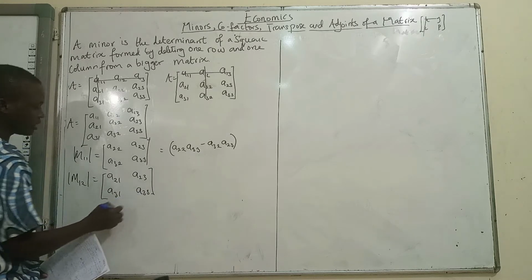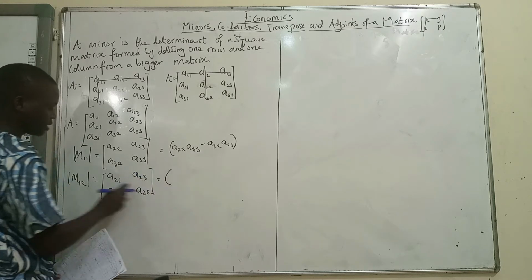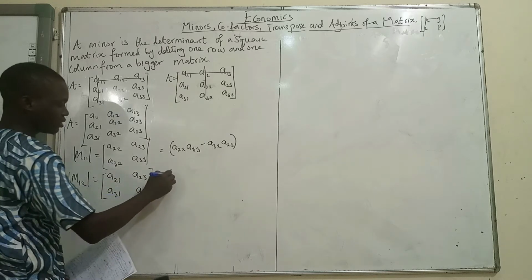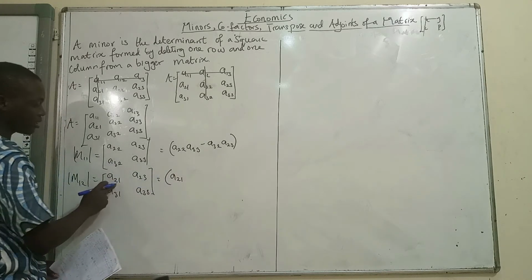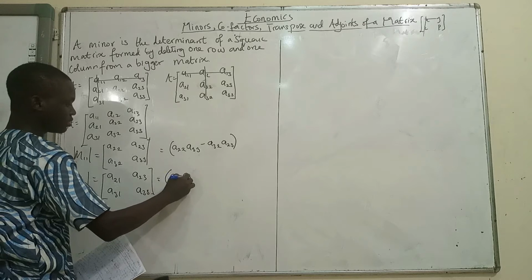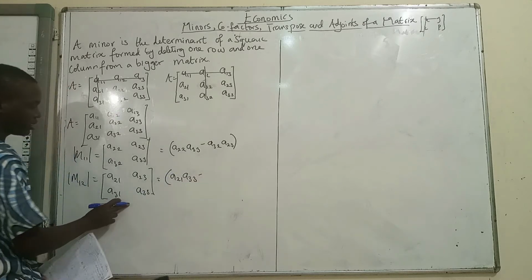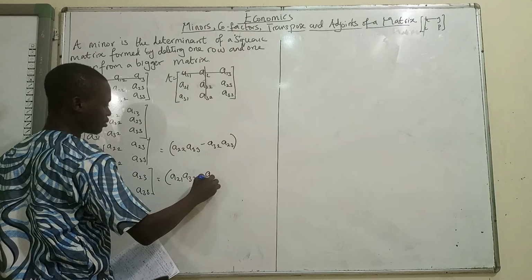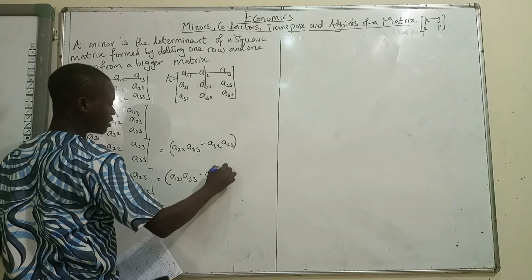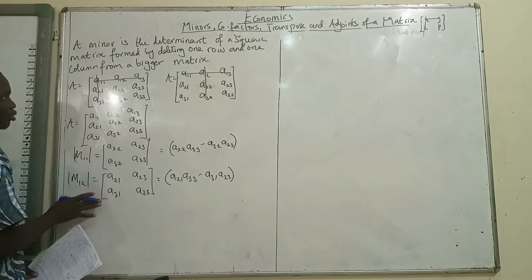So this becomes A21 times A33 minus A31 times A23. Whatever we get here is going to be our M12.